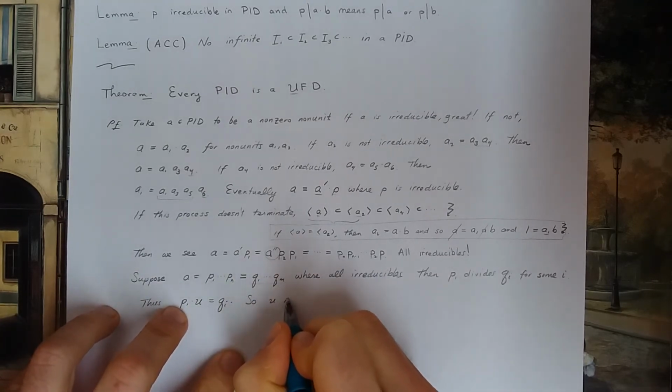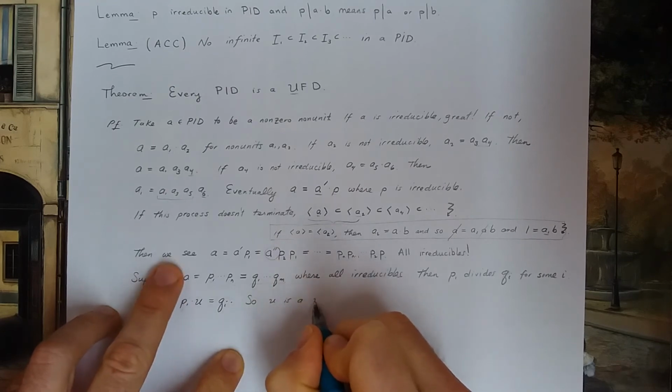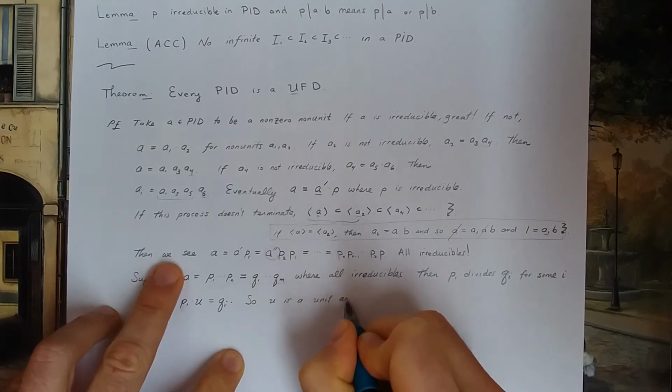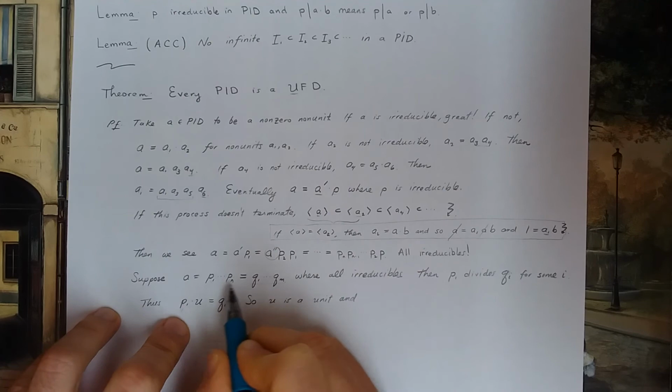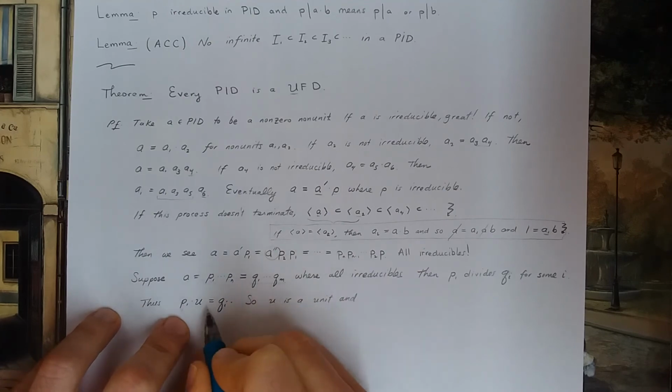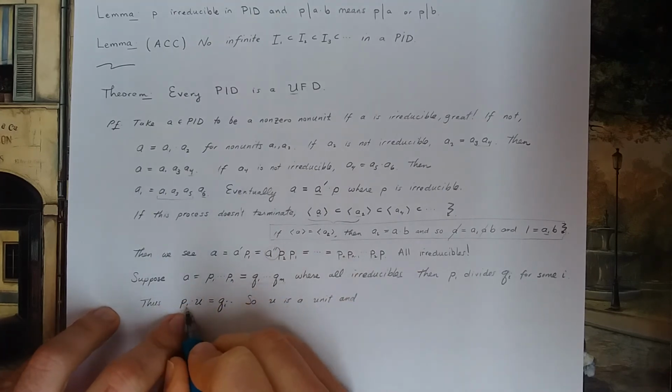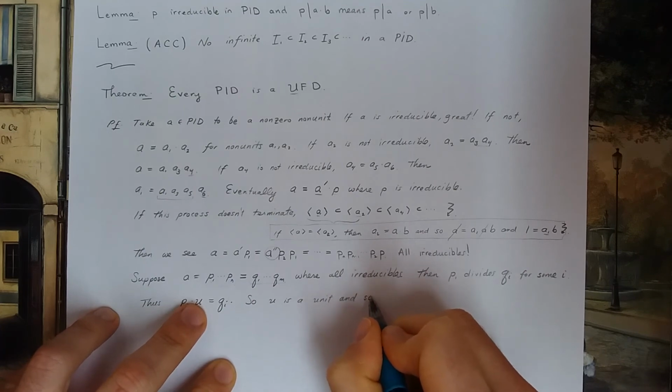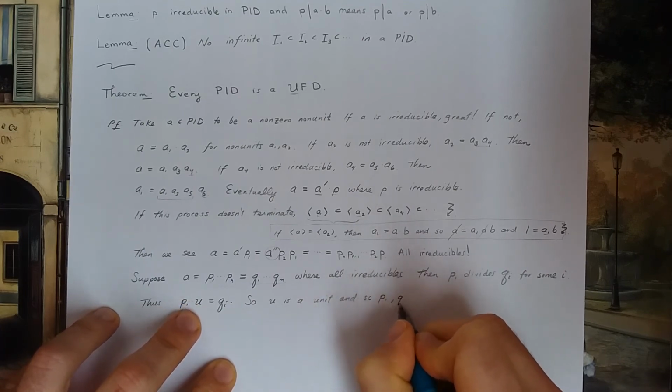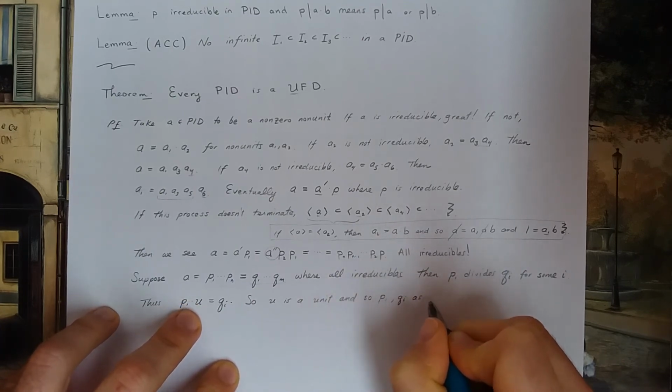So U is a unit, and therefore P1 and Qi are associates.